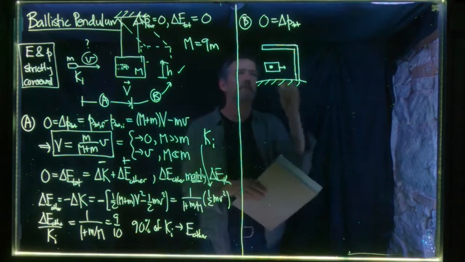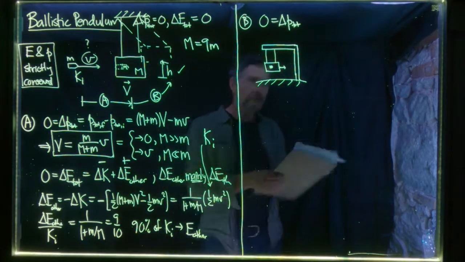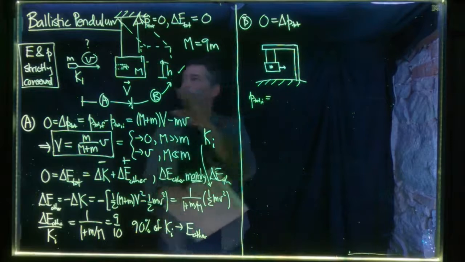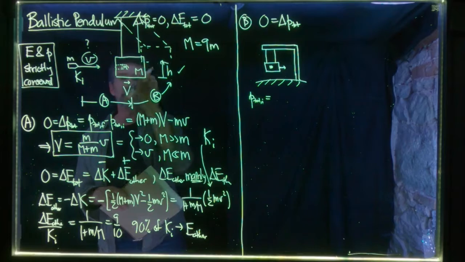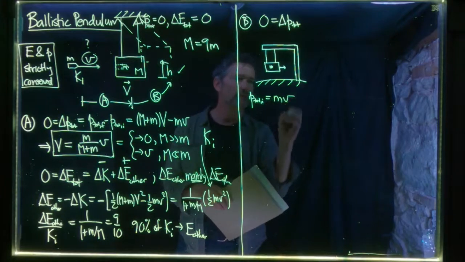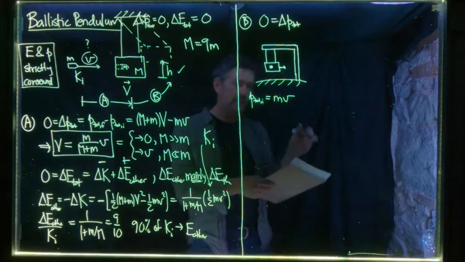Okay, and that thing is attached to the Earth through those strings. So P total initial is equal to the momentum in the bullet, because the momentum in the bullet is equal to the momentum in the bullet plus block system initially, to the right like that. So P total initial is equal to mv, the original momentum in the bullet.